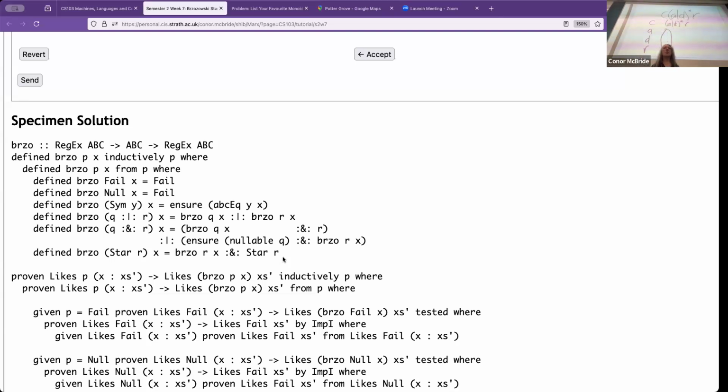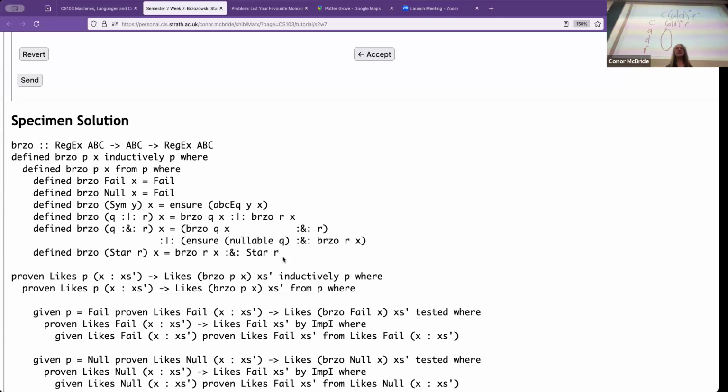If the regular expression wants Y and we're feeding it X, then there's two possibilities. Either X and Y are different, in which case we're stuffed, or X and Y are the same, in which case it's thank you for the Y I was looking for, no more, please. Yeah?